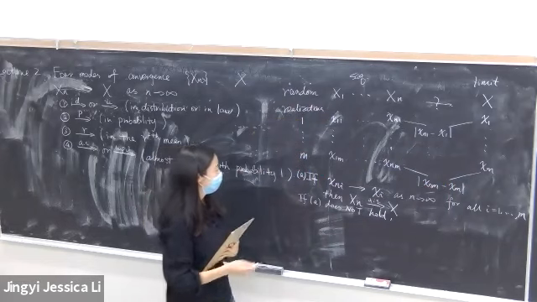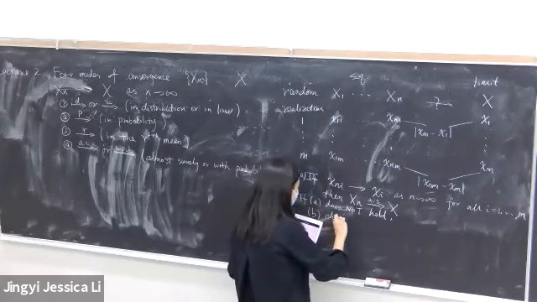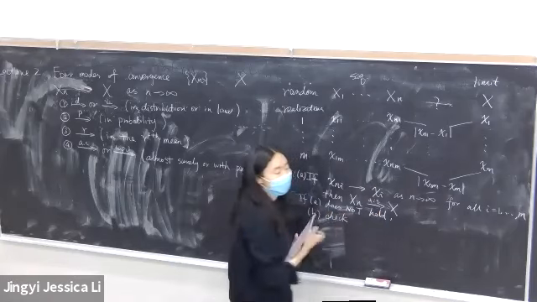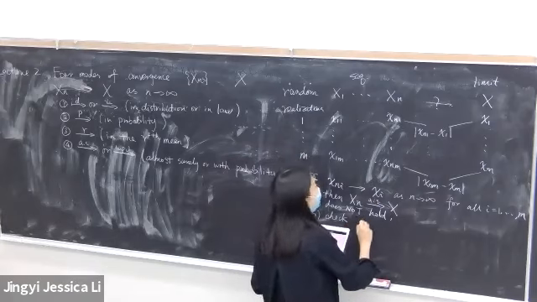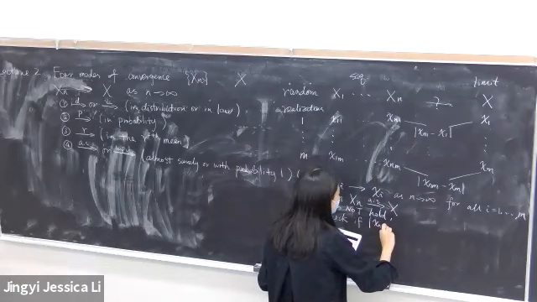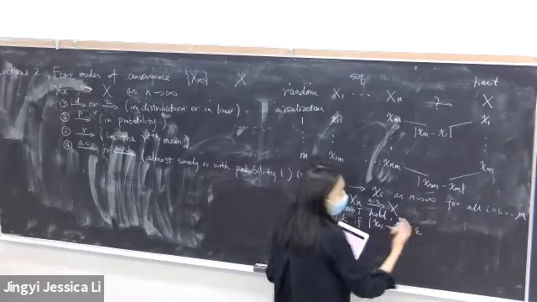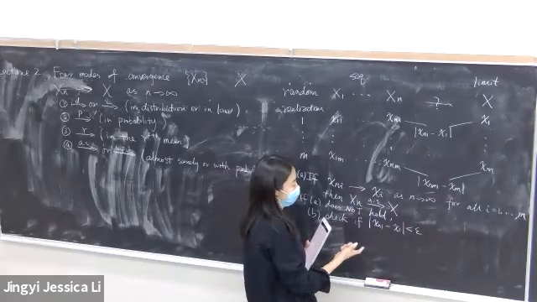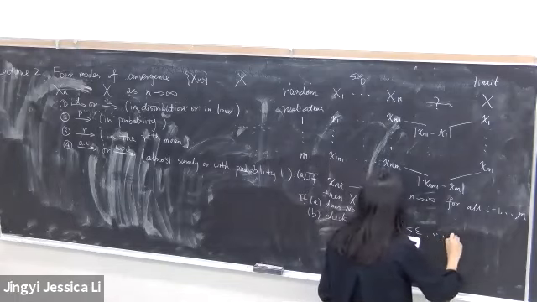The first way is to check whether each difference is small enough. Check if xn1 minus x1 is less than a preset epsilon or not, and I do that for all the m differences.